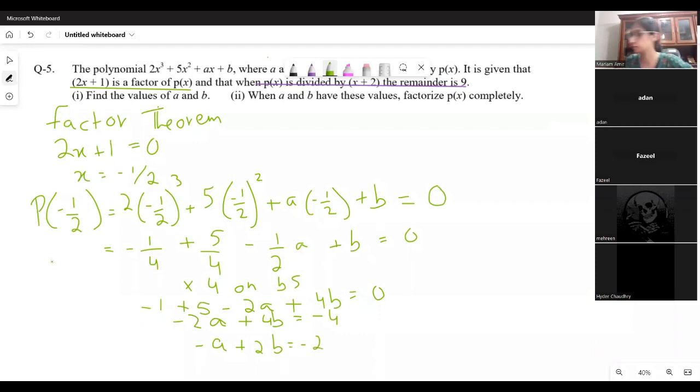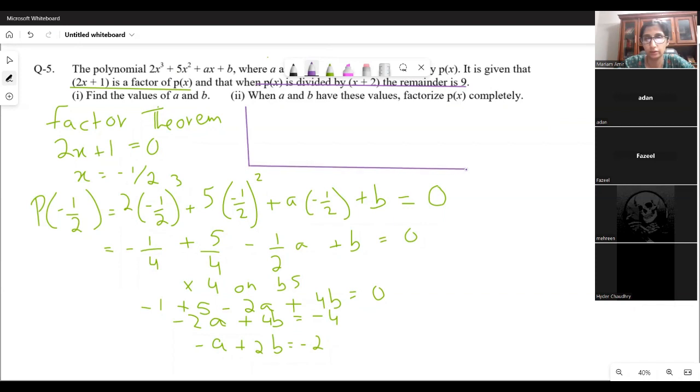Let me just quickly confirm. This is what we were supposed to get. Yes, it is correct. Okay, so this was the factor theorem, and that has given us an equation in terms of a and b. Now let's use the remainder theorem.